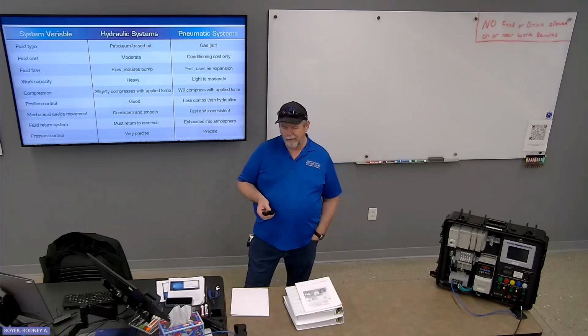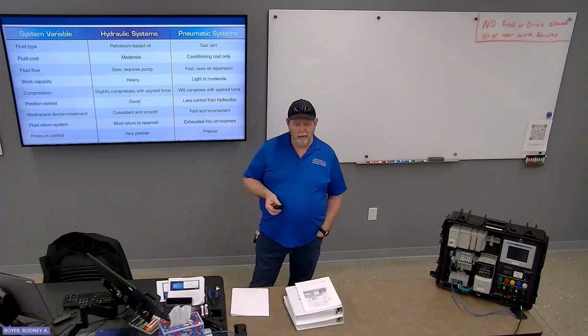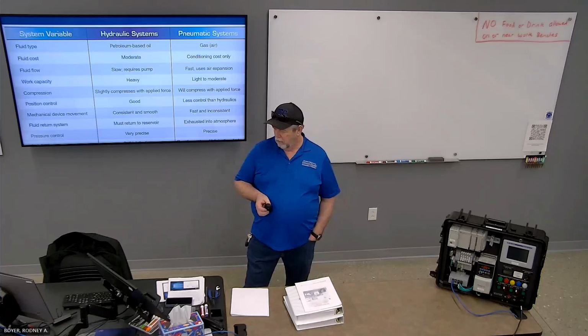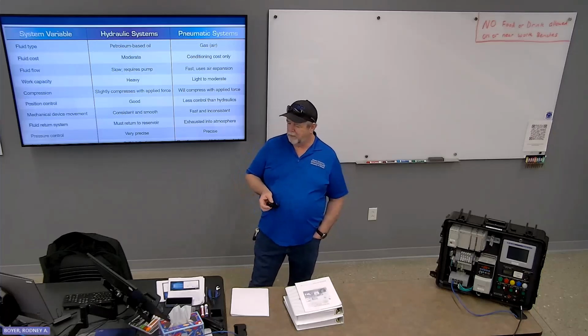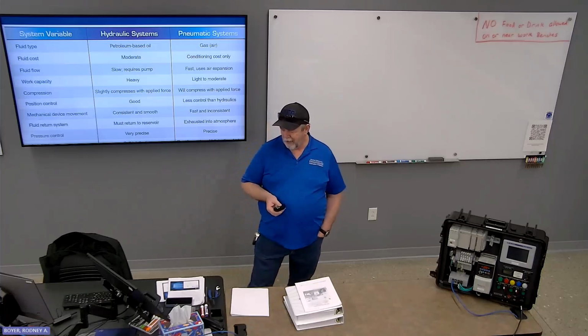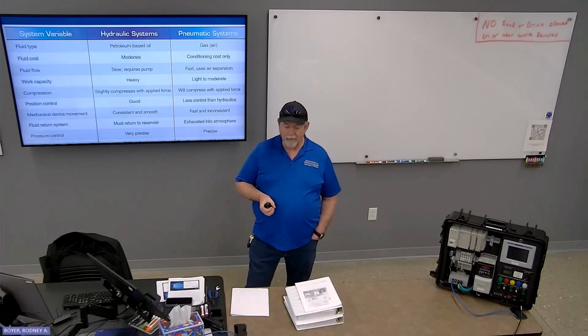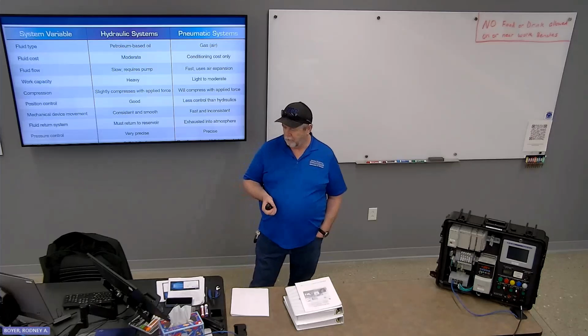Pneumatic systems, simply because the air is compressible, makes it less precise. Mechanical device movement: hydraulic systems are consistent and smooth, and pneumatic systems are fast and inconsistent, simply because air is compressible, oil is not.